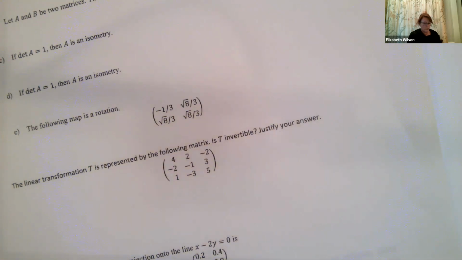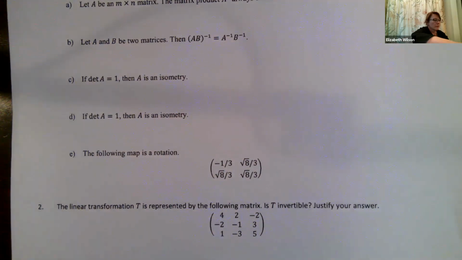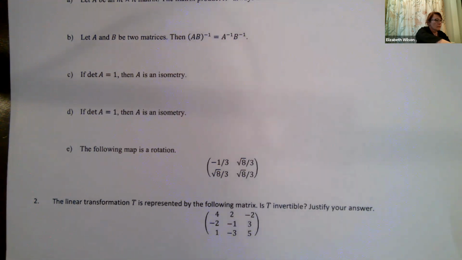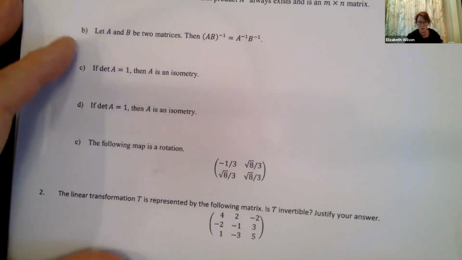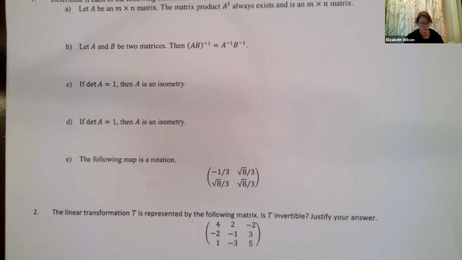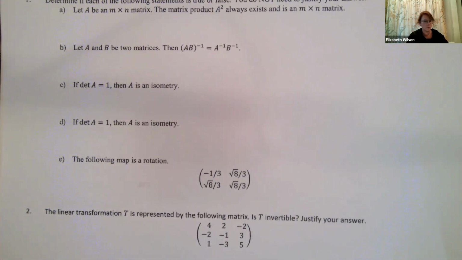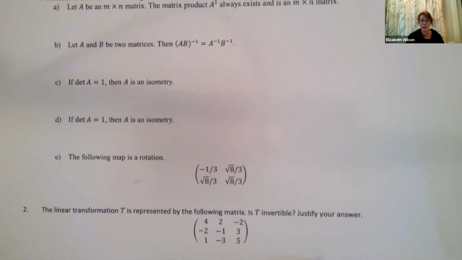I'm going to work through some of these here, and then we'll talk about chapter 2.6 for a little bit. If you want to pull this out too, you can work on it at the same time. And in maybe 10 minutes or so, we'll come back together and go on to 2.6.